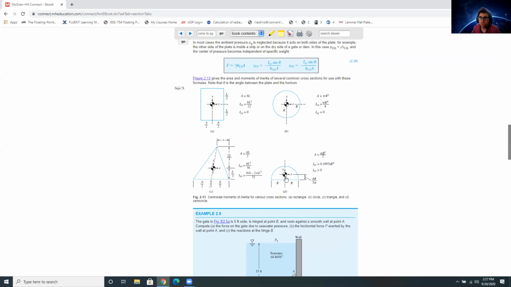You have a semicircle. We don't have a quarter circle, but it's basically the same thing. It will still be 4r over 3 pi. If you consider this quarter circle, the centroid will be here, and the height will be 4r over 3 pi.